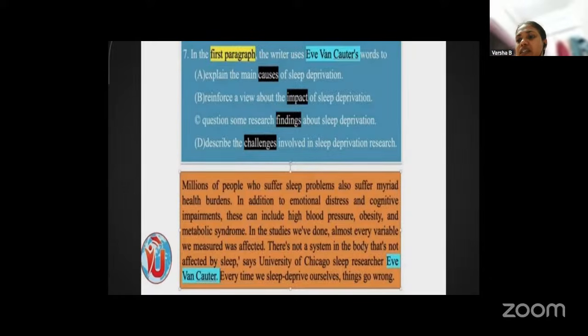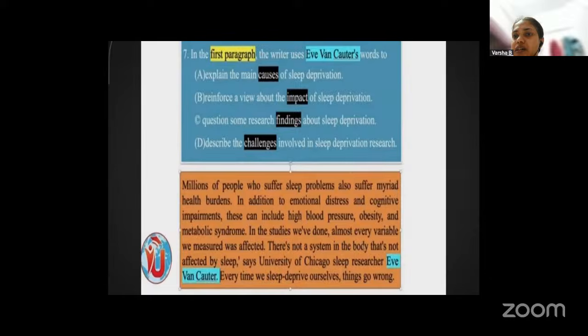As a further strategy, we are following the principle of name. So when there is a name in the question, we will directly switch to that name in the paragraph. We can see Eve Van Cauter's name is located at the bottom of the paragraph. So we will mark it there and read what Van Cauter says.